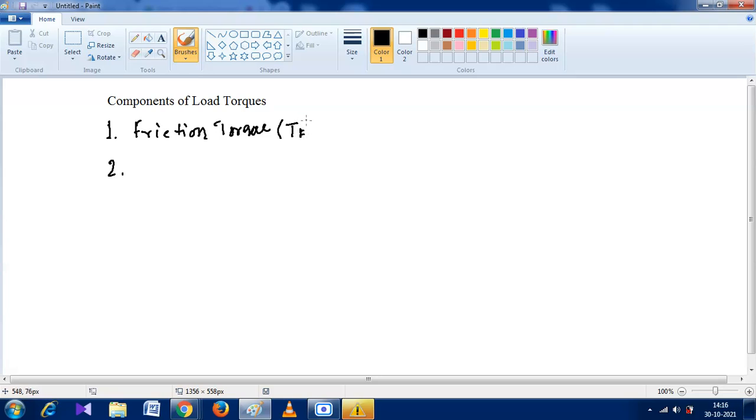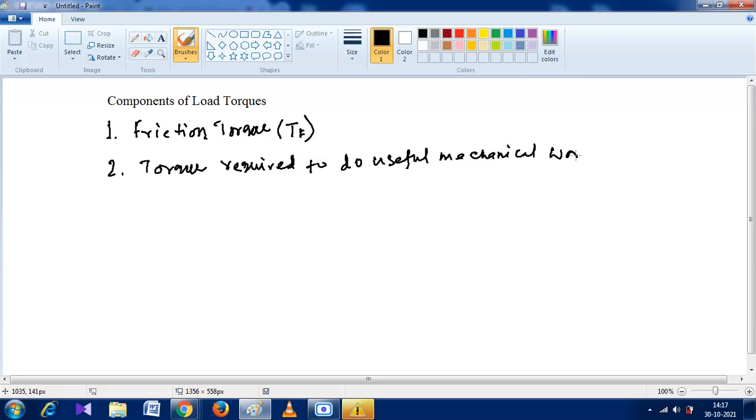This is T_F, and this is the torque for useful work. This is actually TL. First we see the part of friction torque, then we calculate the total components of load torque.